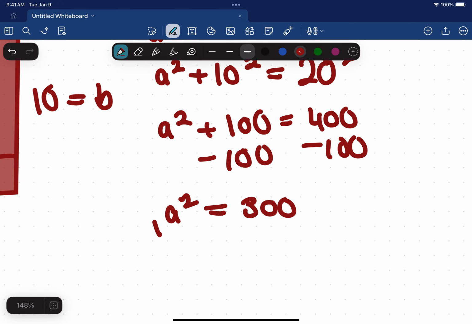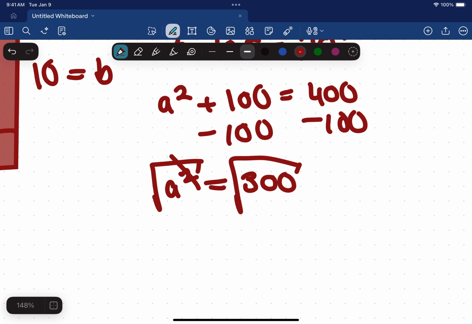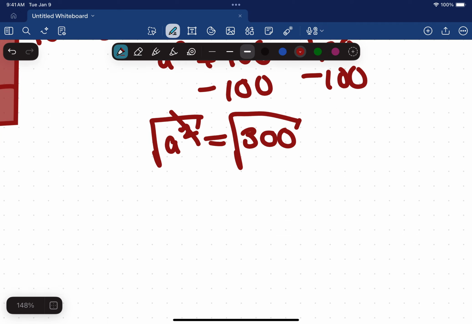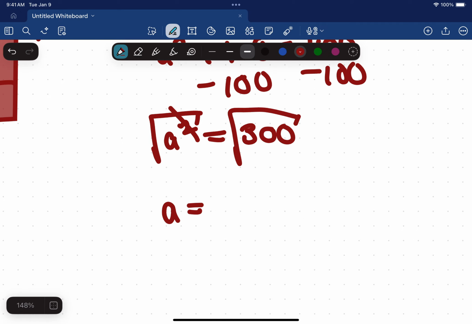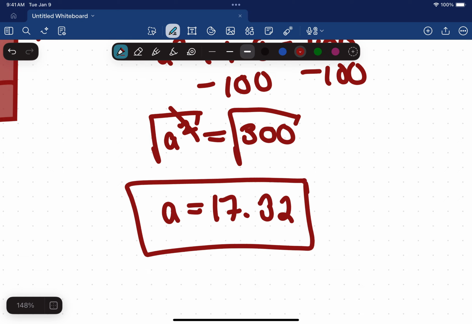Now, if we square root that, which cancels out this square right here, we will do square root of 300. So now A is equal to 17.32. And that is your answer right there.